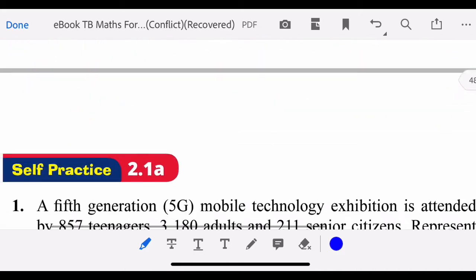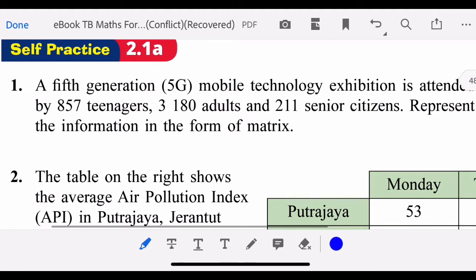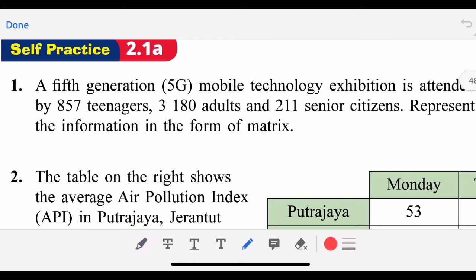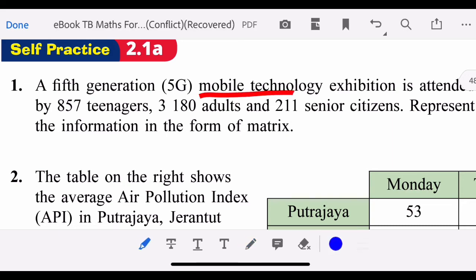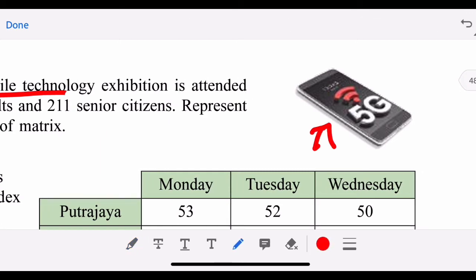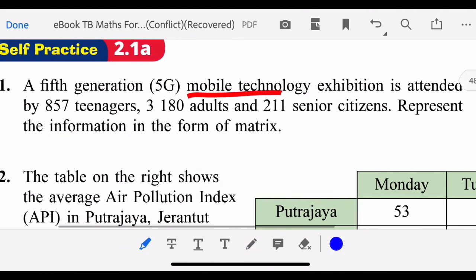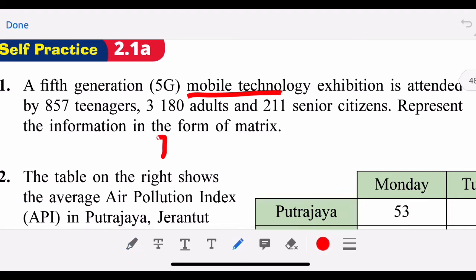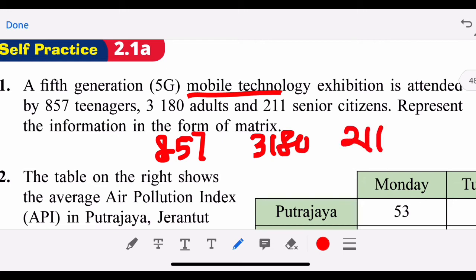Okay, so now we proceed to exercise self-practice 2.1a. This is quite simple, so you can try on your own. A fifth generation, 5G, mobile technology exhibition is attended by 857 teenagers, 3180 adults, and 211 senior citizens.